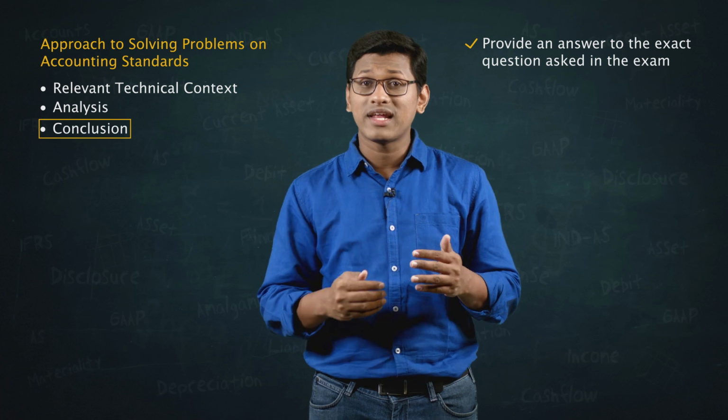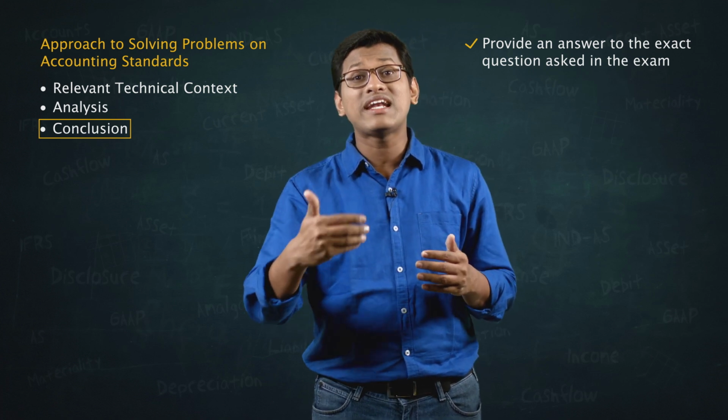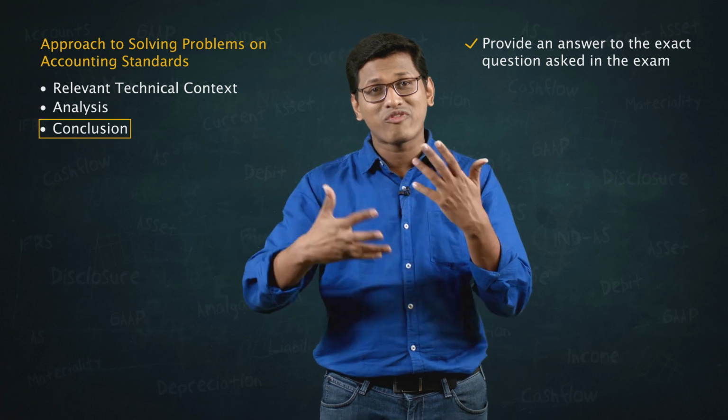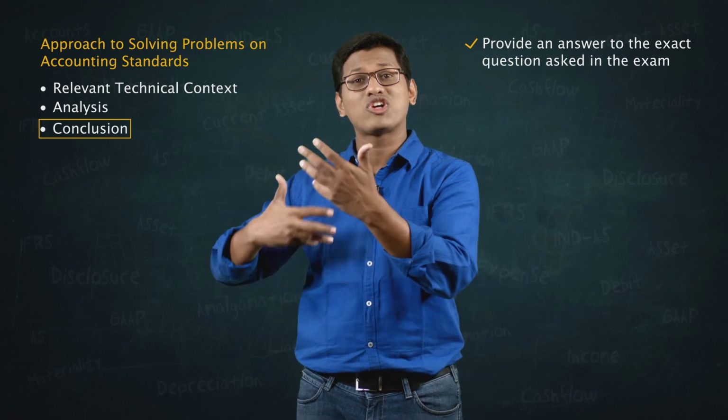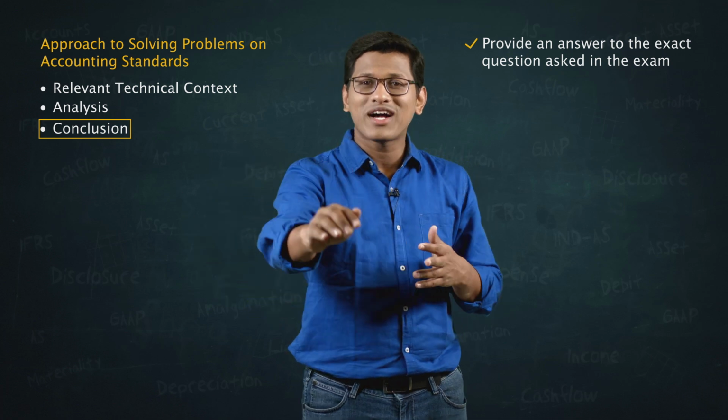Or sometimes the question will be like this: comment on the suggestion made by the managing director of the company. The question will be framed in such a way that the managing director wants to do so and so, or the CFO of the company wants to do so, and you will be asked to comment on that.